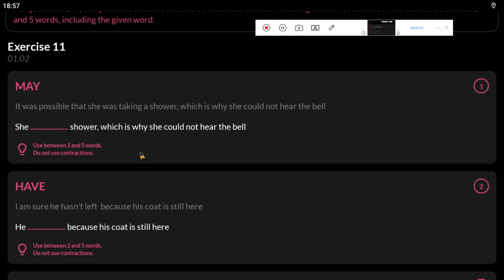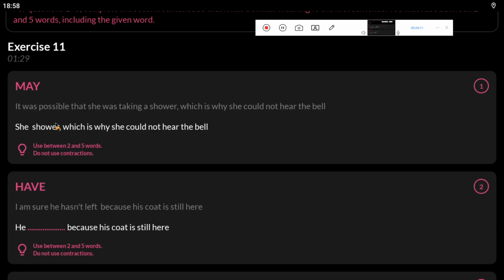She may be taking a shower. Okay, I'm gonna provide you with a clue. One more time, as it says, it was possible, possibility. We use the modal verb may when it comes to talking about possibilities or probabilities. So one more time, you have to use the modal perfect tense. That is the clue. Okay, please give it a try.